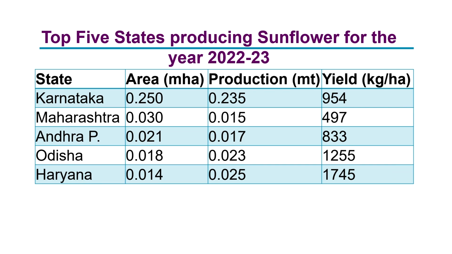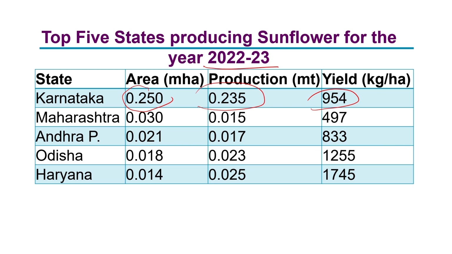Now see the top 5 states producing sunflower for the year 22-23, that is 2022-23. You can see Karnataka is the major state. Karnataka had the highest area in 22-23, which was 0.25 million hectare, and production was also highest in the country, 0.235, and yield was of course not as much as in other states, but yield here in Karnataka was 954 kilogram per hectare.